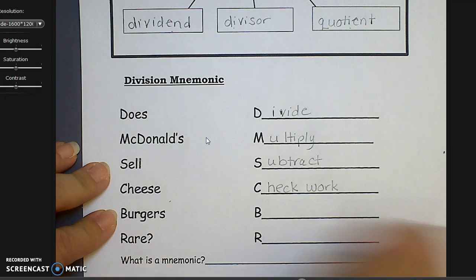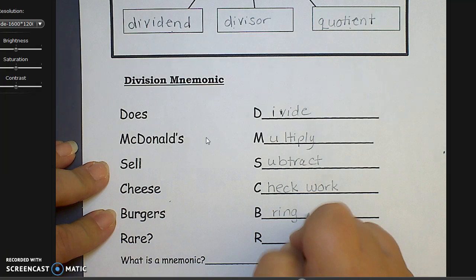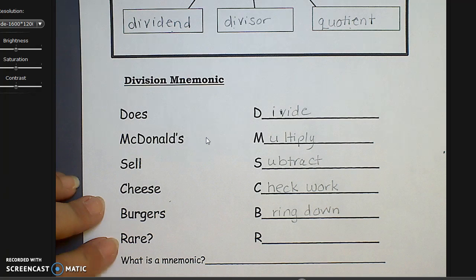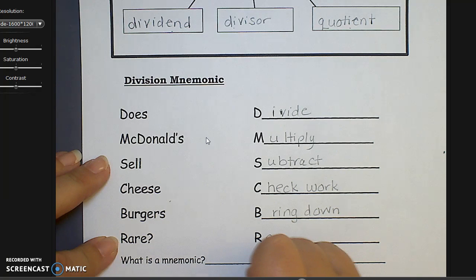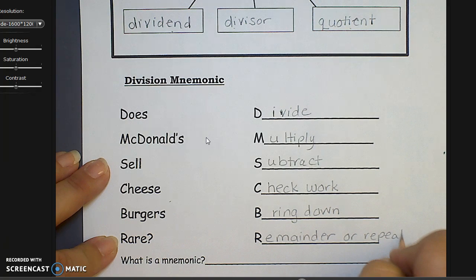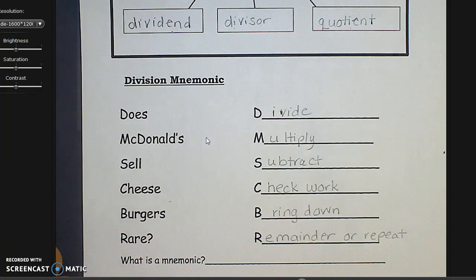The B in burgers means bring down. Bring down. R, or do you have a remainder? Or maybe you need to repeat the steps. Okay, again, a mnemonic is just an easier way to remember information.